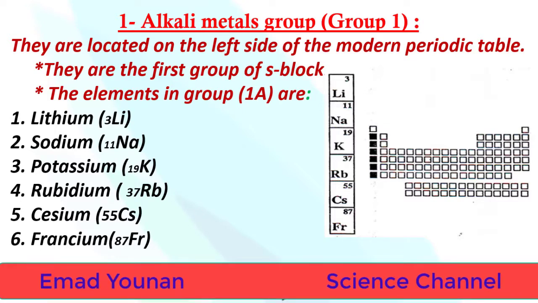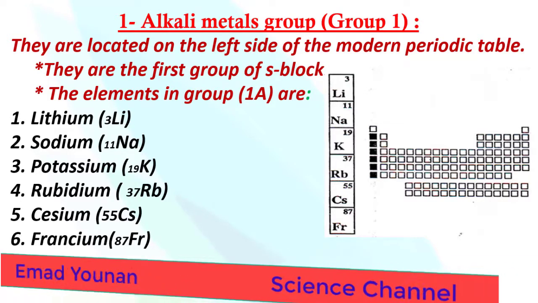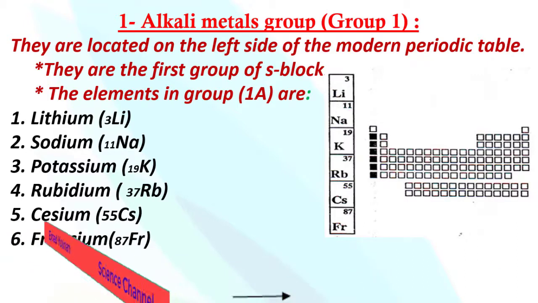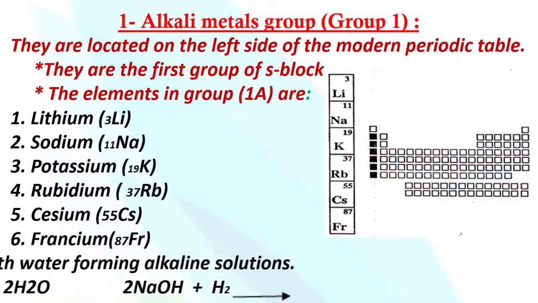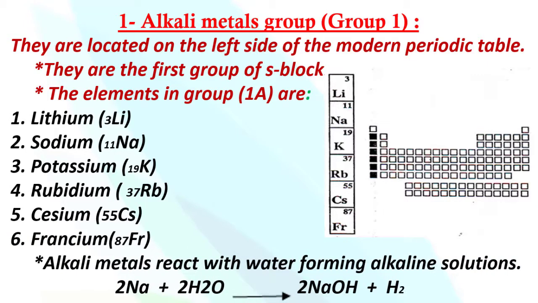What are the properties of alkaline metals, or why are they called by this name? Alkaline chemical formulas end with the group OH, and they change litmus paper to blue. If sodium reacts with water, it forms sodium hydroxide and hydrogen gas evolves.